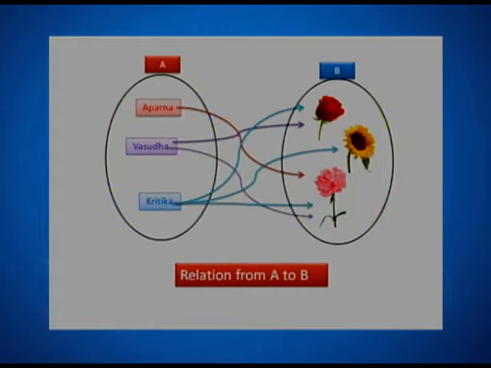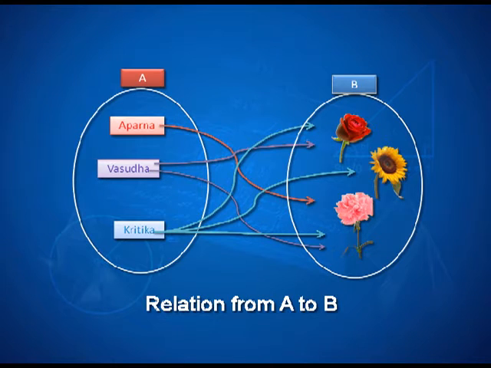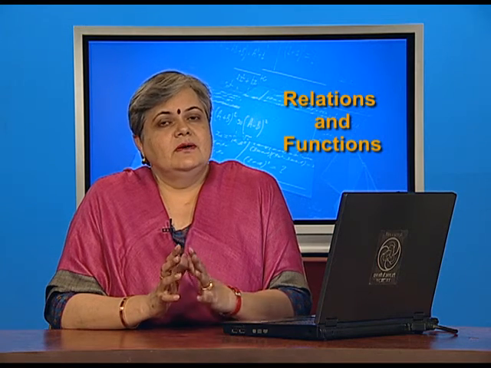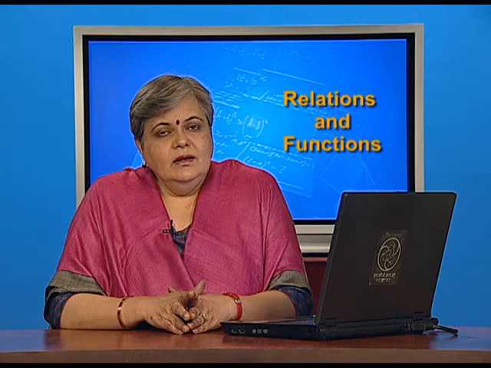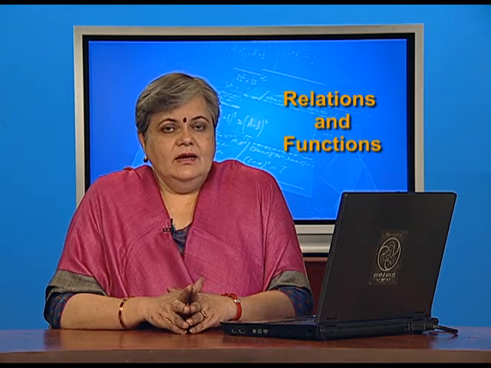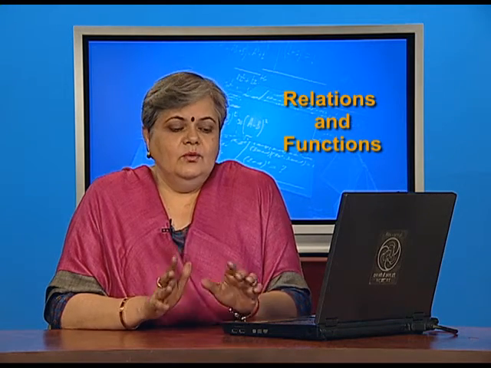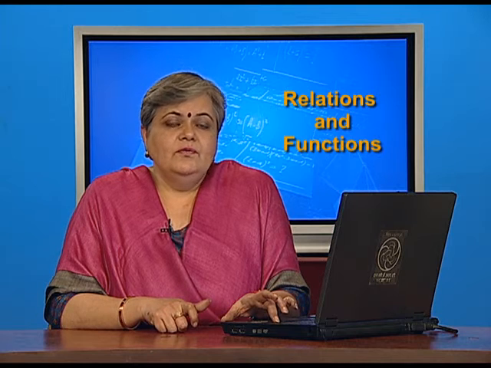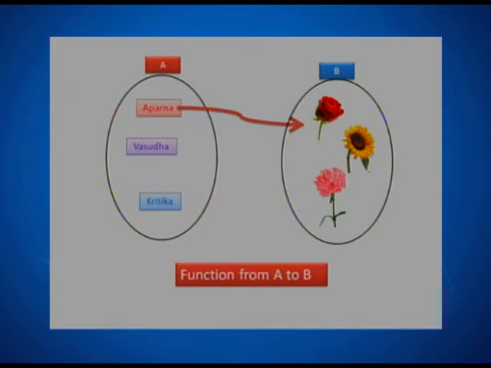Now, today's lesson is about when does a relation become a function. A relation becomes a function when every element of the set A is related to, is associated to, is mapped to one and only one element of set B. So, Aparna likes rose, Vasudha likes carnation, Kritika also likes carnation.